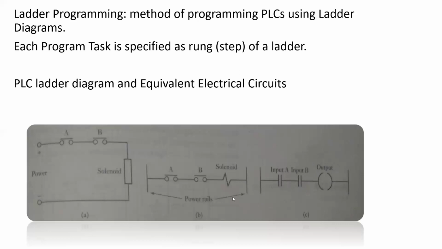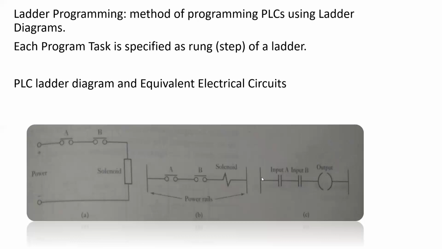So what this is showing is if input A is high and input B is also high, some specific output will be high. It can be a relay we switch on, a solenoid, or whatever. But basically, this is how we represent a ladder logic diagram.